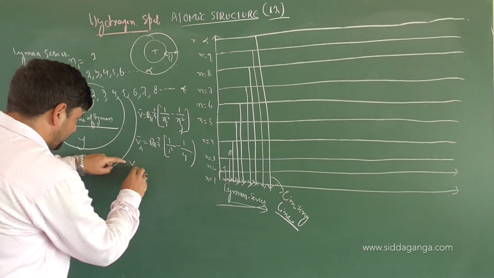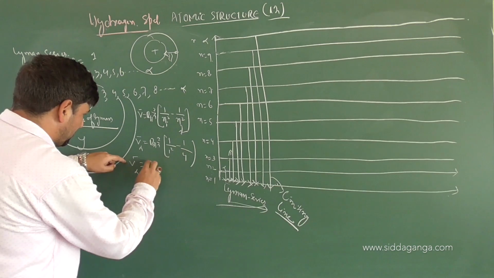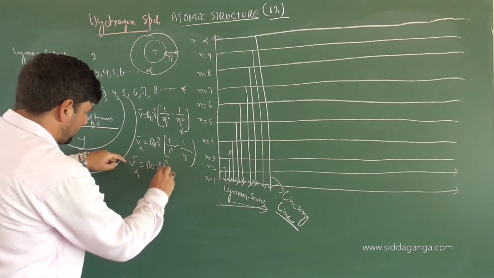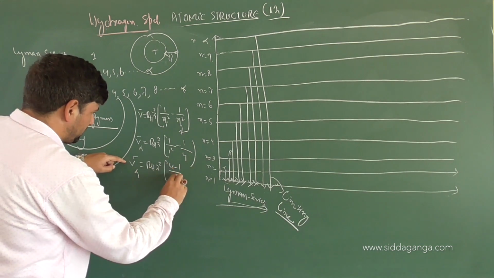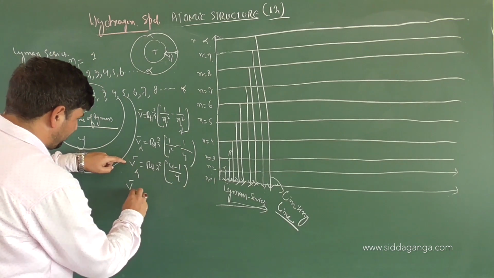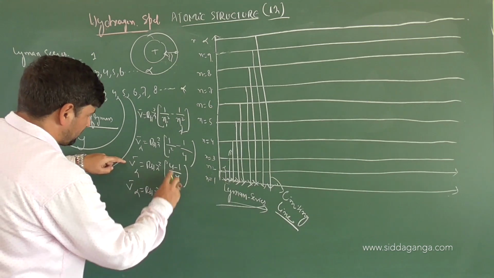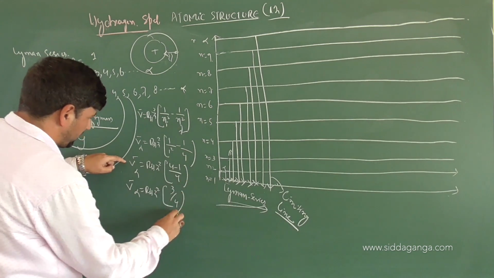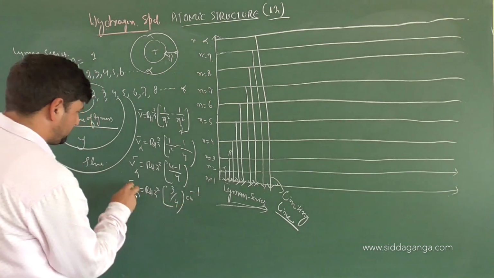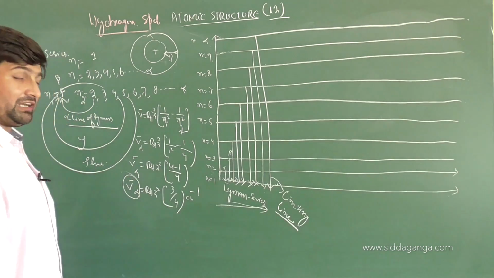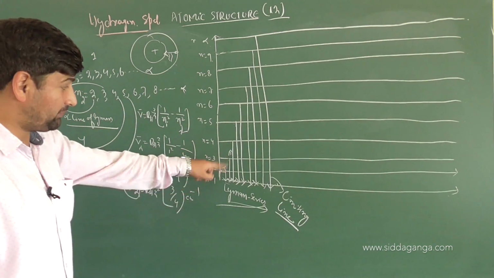So wave number of alpha line will be RH Z square into 4 minus 1 by 4. Wave number of alpha line will be RH Z square 3 by 4 centimeter inverse.